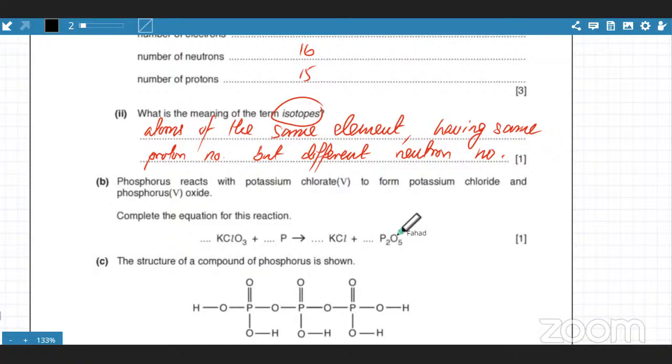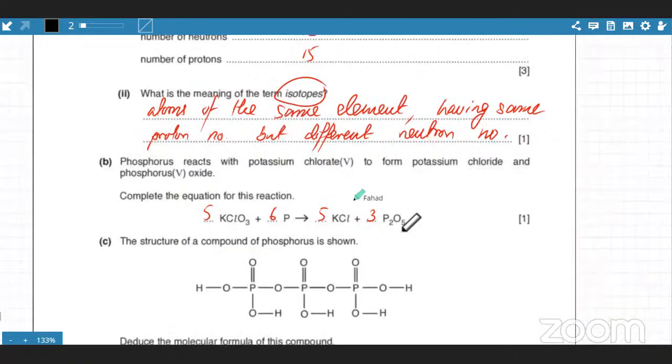So you multiply this side by 5, which gives me 15 oxygens, and I'm going to multiply the other side by 3. That gives me 15 oxygens as well. We can then balance phosphorus, which is 6 over here, so there would be 6 phosphorus, and there should be 5 potassiums on both sides. So now this equation looks perfectly balanced.